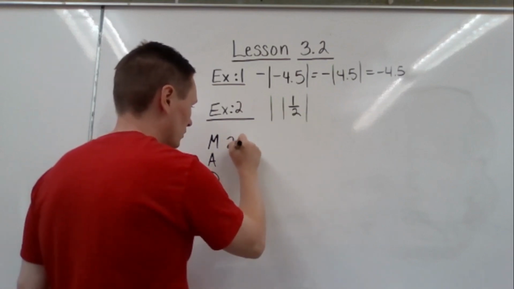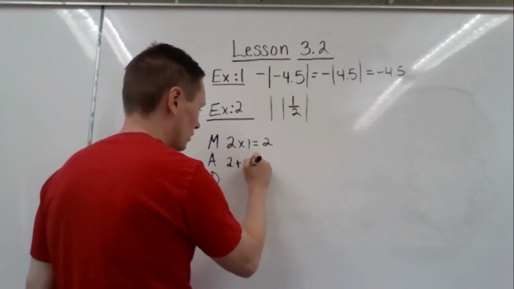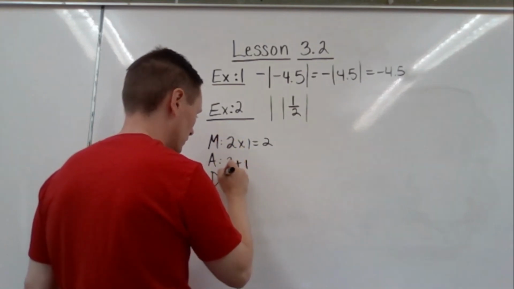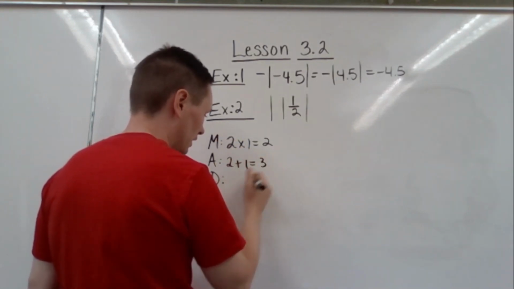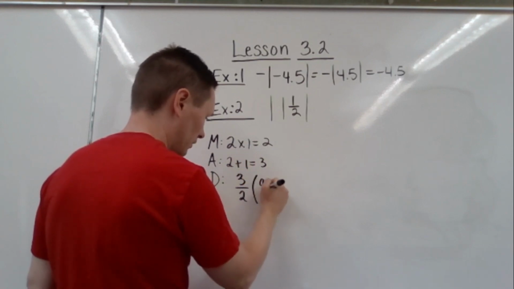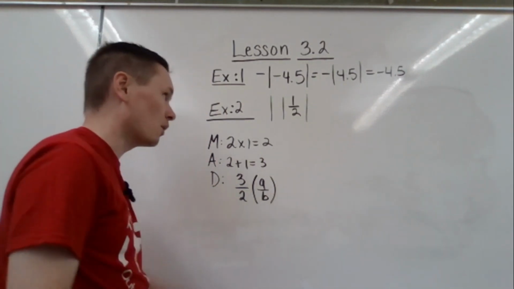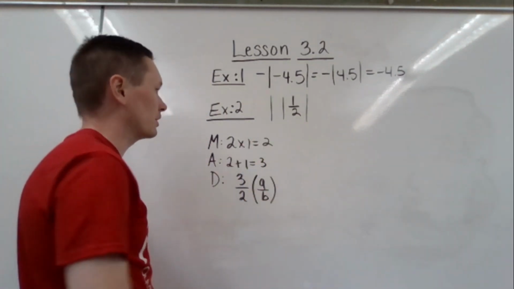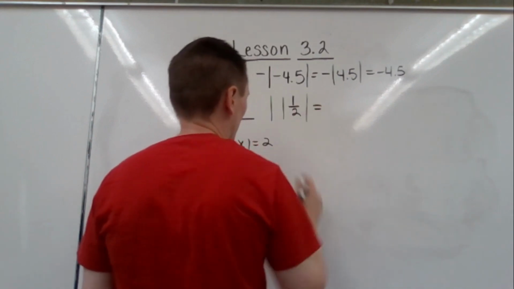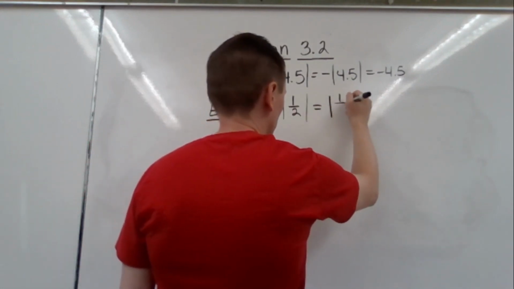So 2 times 1, 2 plus 1 equals 3. Keep the same denominator. And there you go, it's written in the form a over b, so that is a rational number. And the absolute value of 1 and 1/2 is just 1 and 1/2.